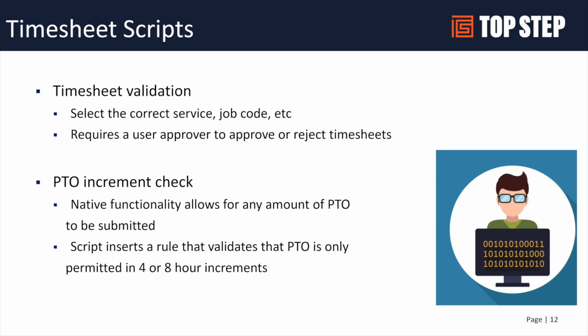So what we've done in the past is a form script where if the end user puts in anything other than 4 or 8, it throws an error in the time off request process, and then forces the user to make the change and resubmit. So again, it's just a few examples of some of the scripting we've done that's affected the timesheet and the time off request process.